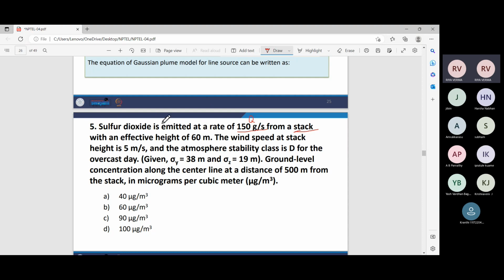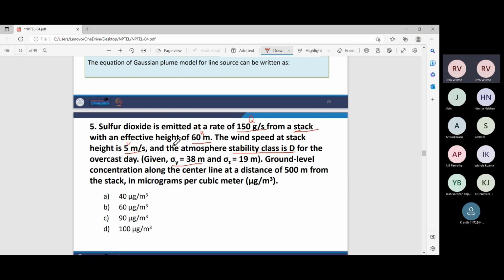With an effective height of 60 meters, this will be your H. The wind speed at stack height is 5 meters per second. This is your U. And the atmospheric stability class is D. This stability class is used during the determination of sigma y and sigma z, but still these are given in the question.